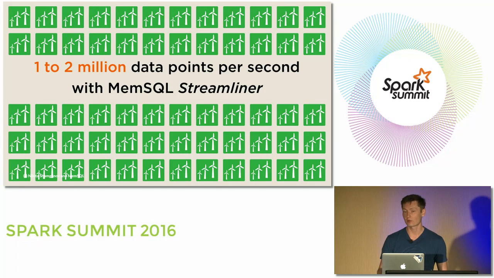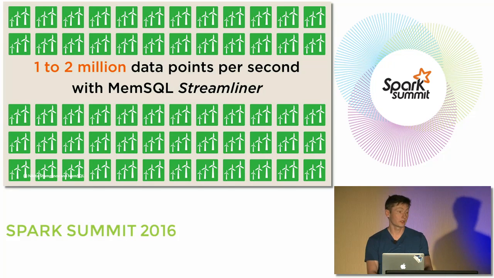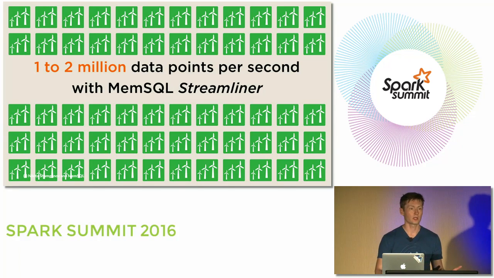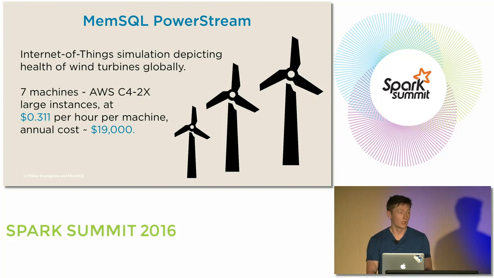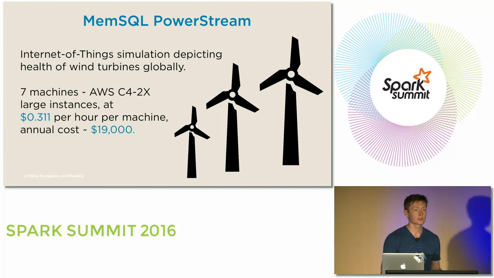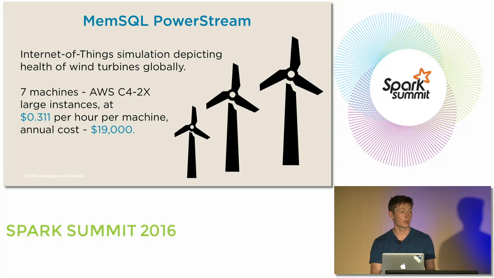Now, if you want to predict the health of wind turbines, you need to learn from that data. Luckily, we have Spark and MLlib, and we can build predictive models using that technology. But you also need to cope with this amount of data. It's flowing, it's dynamic, and you need to be able to capture and process it in real time. When you think about the hardware you need to process this amount of data, it's actually not that much.